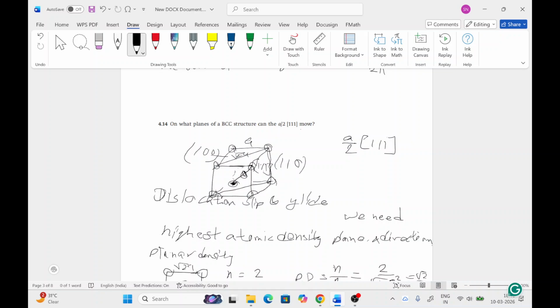The plane for the BCC structure will be 110. For BCC, there are two other planes also, 112 and 123, but these two planes are generally activated at higher temperature. So at room temperature, we have the 110 plane for the a by 2 111 direction.